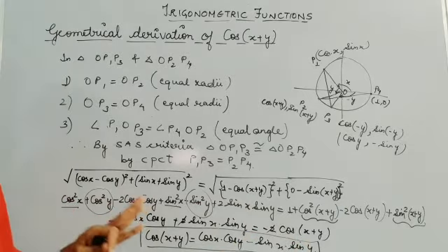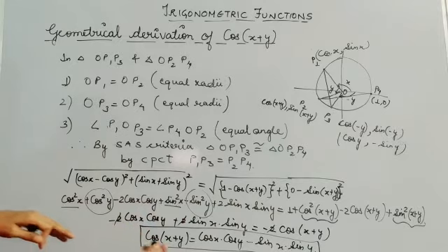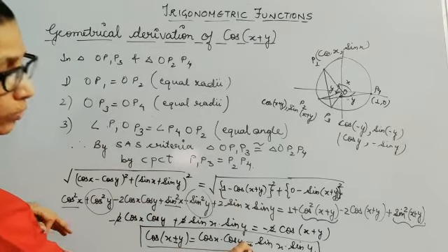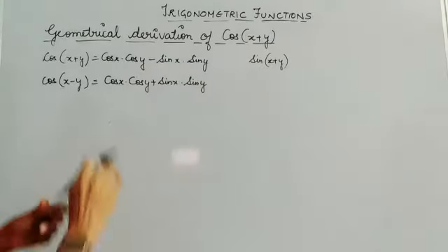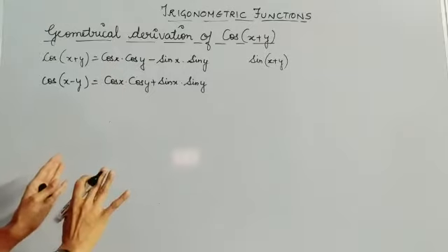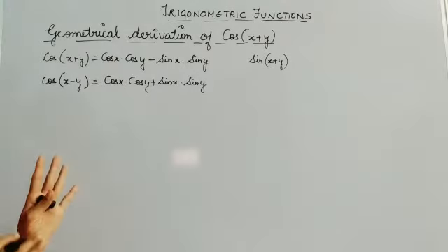So what is the difference in the formula of cos(x plus y) and cos(x minus y)? Here if you were getting minus, then it will be plus over here. So this is the formula for cos(x minus y): cos(x minus y) equal to cos x into cos y plus sin x into sin y. So these are the two formulae which I have got from the previous derivation.